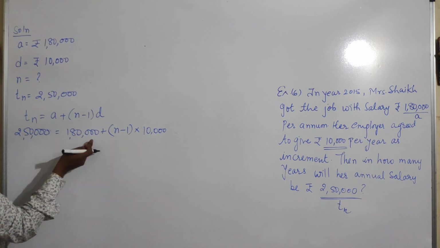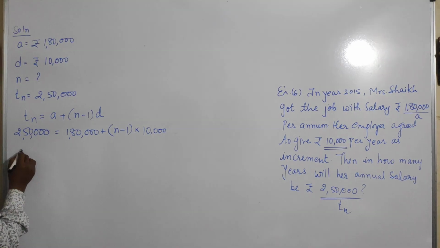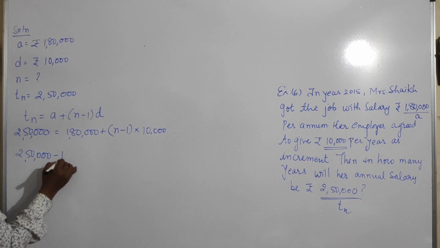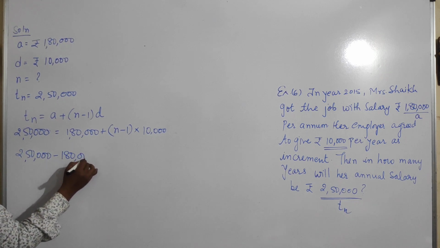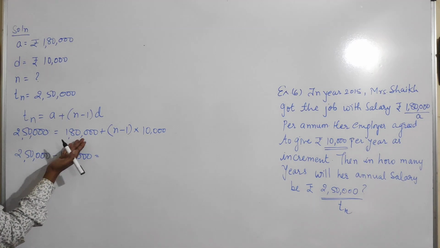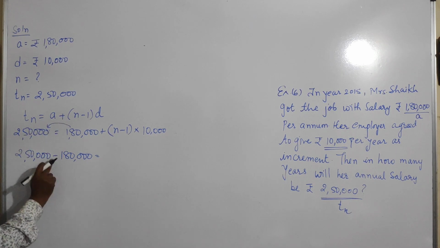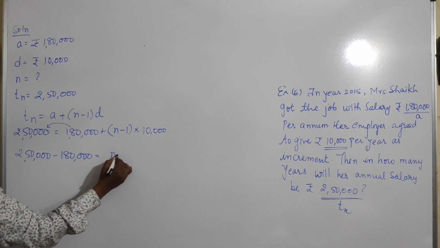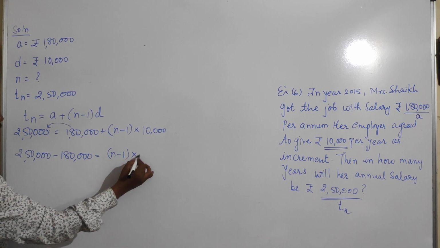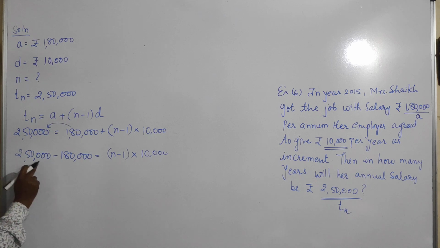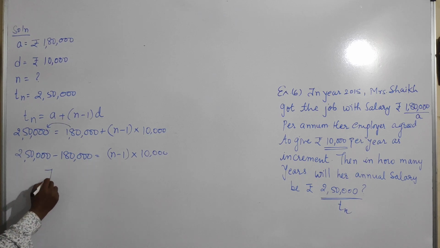Here 2,50,000 minus 1,80,000 is equal to (n minus 1) multiplied by 10,000. What is the value of 2,50,000 minus 1,80,000?